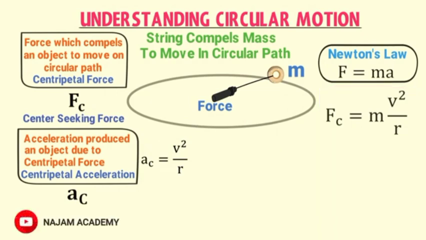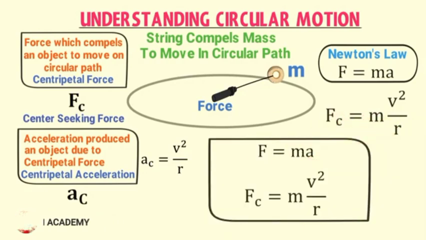One last bonus point is that there is a big difference between F is equal to ma and Fc is equal to mv squared upon radius. Remember that F is a linear force and a is linear acceleration of mass m.